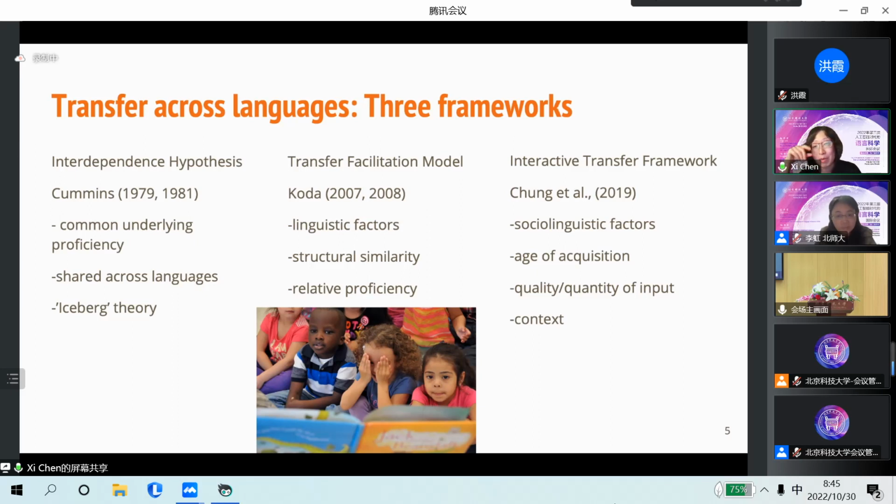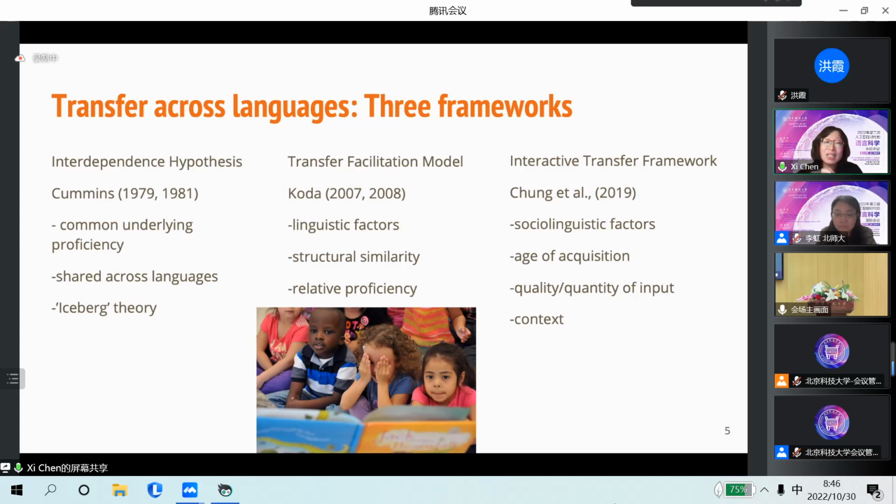The third framework was actually proposed by me and my students. We expanded Keiko Koda's transfer facilitation model and stated that transfer is also influenced by sociolinguistic factors such as the instructional programs. The participants in this study were enrolled in French immersion programs. They were speakers of English, but they received school instruction in French.